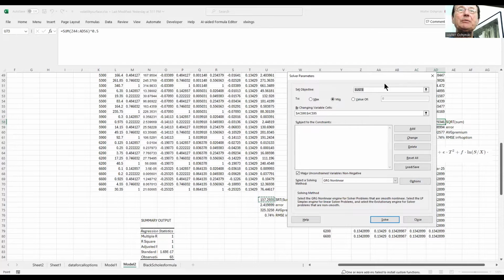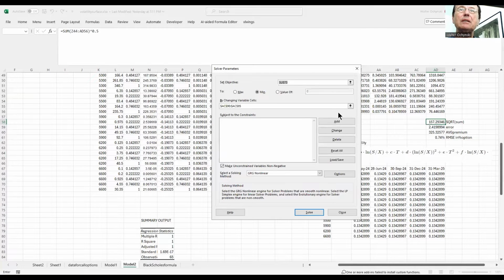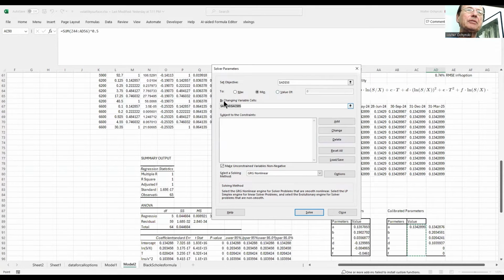With the solver, I have to move it, but I see what I am doing. Okay, the changing variables are already correct.